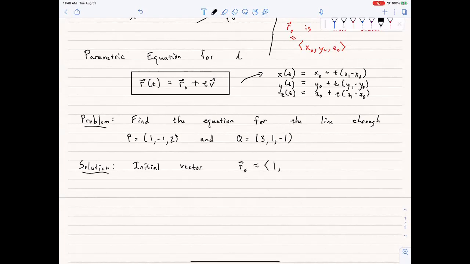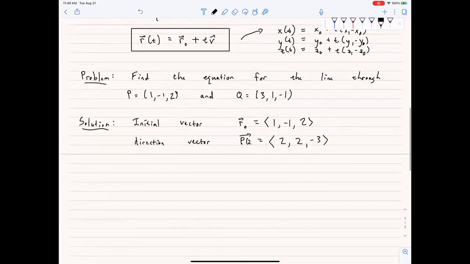So this is a vector from 0, the origin, to P. And then I need to find a direction vector, which will be PQ. And so for that, I just take the difference. So I'm going to take 3 minus 1 is 2, 1 minus -1 is also 2, and -1 minus 2 is -3.